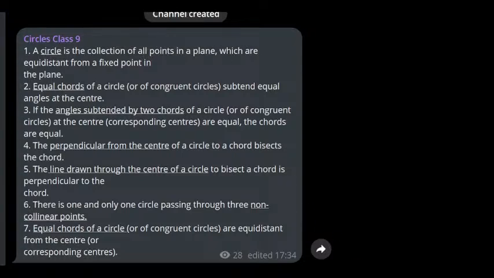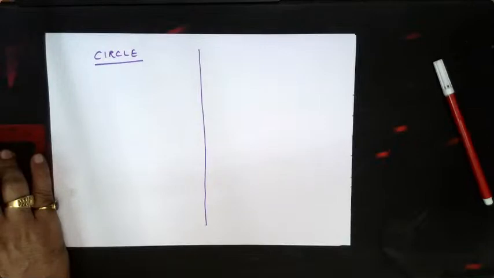Let me explain about this. As I already mentioned, a circle is the collection of all points in the same plane which are equidistant from a fixed point in the plane.